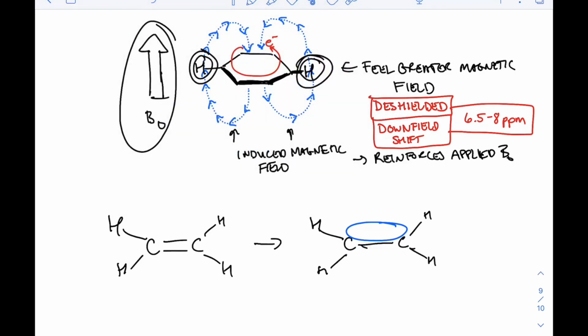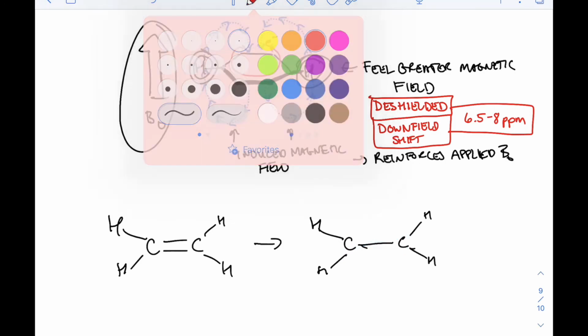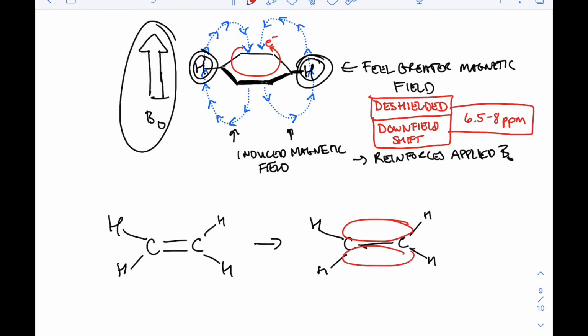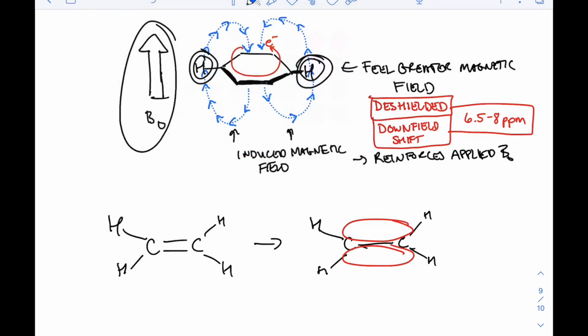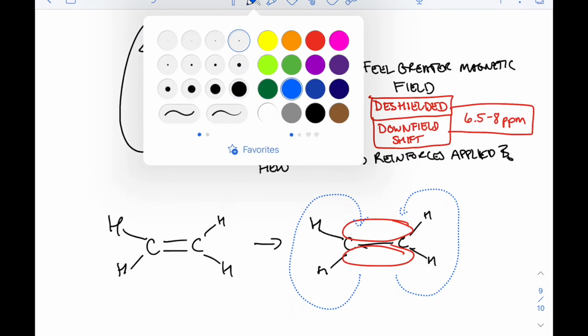Actually, let me do that in red for you just to keep with it. Our induced magnetic field is going to go in the same direction as it did for the benzene ring.